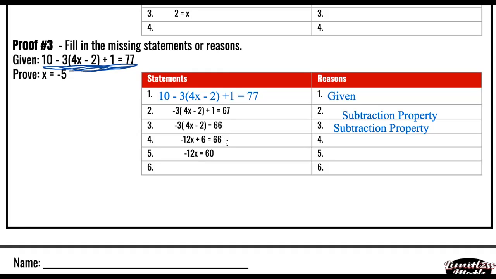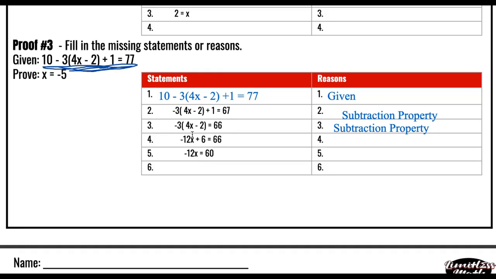66 and 66 stayed the same. The right side of the equation was not touched. Okay? But let's look over here on the left. The 3 is gone. The 4 is gone. The 2 is gone. The parentheses are gone.